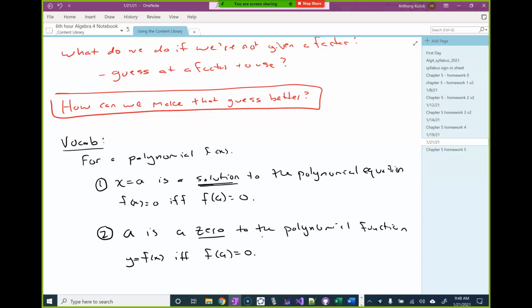We say that a is a factor of the polynomial f of x if and only if we can factor f of x into x minus a times some other polynomial. Right? Basically, it's saying that x minus a is a factor of f of x.